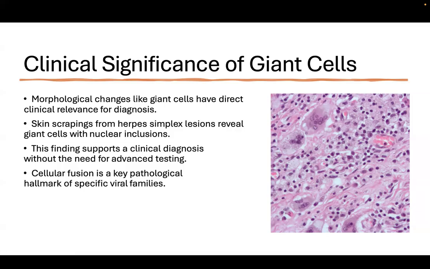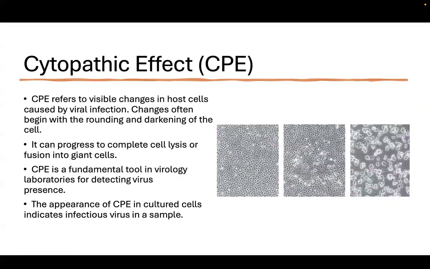This could be telling you that it could be herpes, for example, or it could be RSV. Usually, if you're older, it's mostly herpes. RSV you do get, but it's mostly when you're a child. So these giant cells have a huge clinical significance and help us a lot with diagnostics.